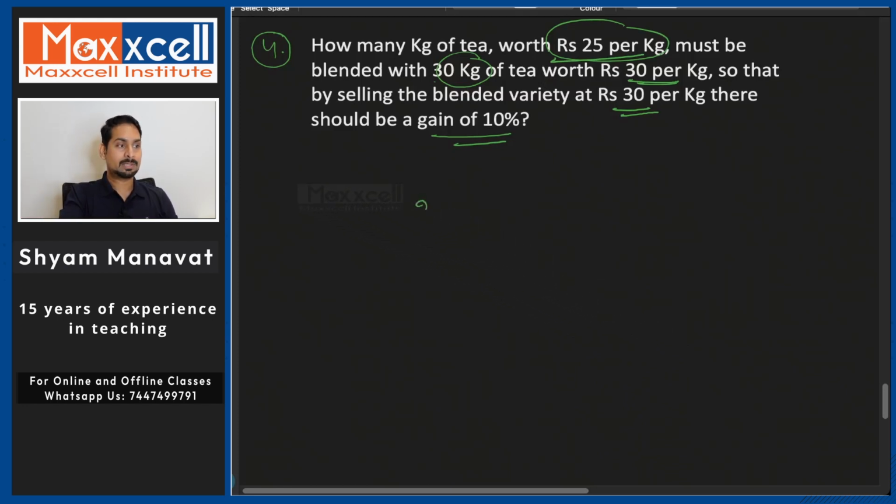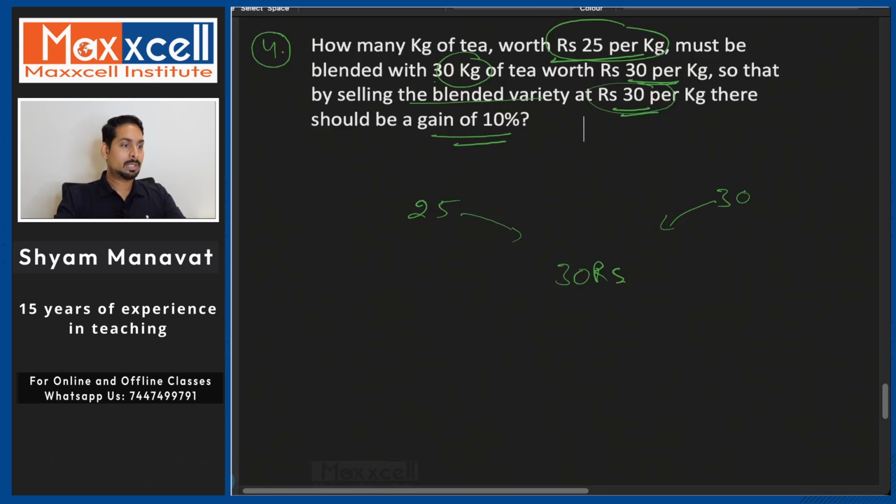So the first one is 25 rupees per kg and the second one is 30 rupees per kg. When you mix both of them, you get the mixture, which is again 30 rupees per kg. That is what is given, no? You sell the blend variety at 30 rupees per kg, so this is the mixture price.